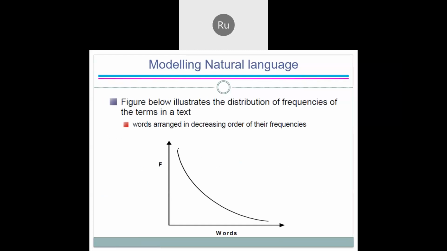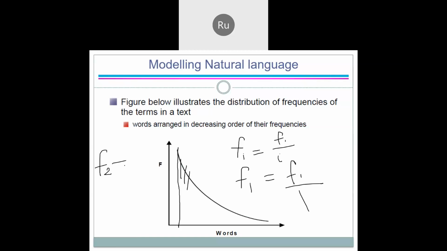The first, most important rank will be here and then down. This is the i and this is F1. If i is 1, you have the most frequent; the second one will be divided by 2, so you go down. Only a few words have high frequency.